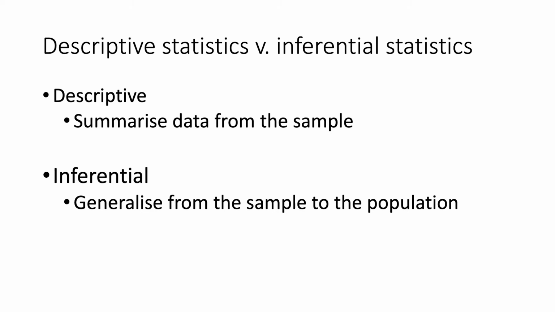Also, it's worth being aware of descriptive versus inferential statistics, right? These are types of statistical information that we extract from the data that we collect. On the one hand, we have descriptive statistics that summarize the data. That will give you averages, standard deviations, and so forth.